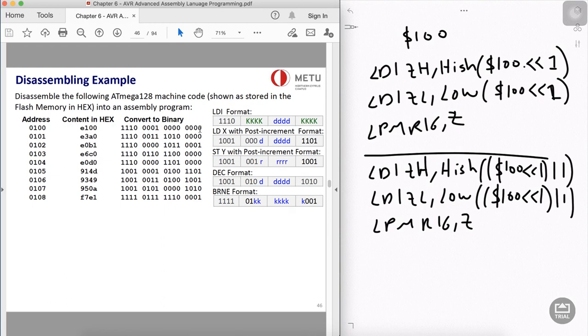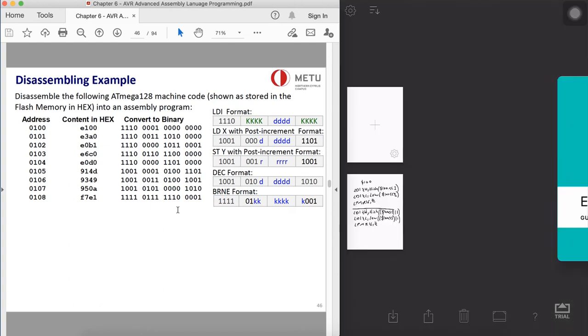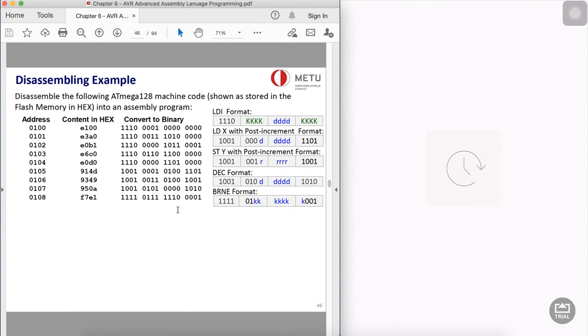So what is 10 in hex? It's 16 in decimal. So that means LDI R16. Maybe we can write that. LDI R16, and that's going to be 0x10, or you can say 16 in decimal. They're both acceptable.